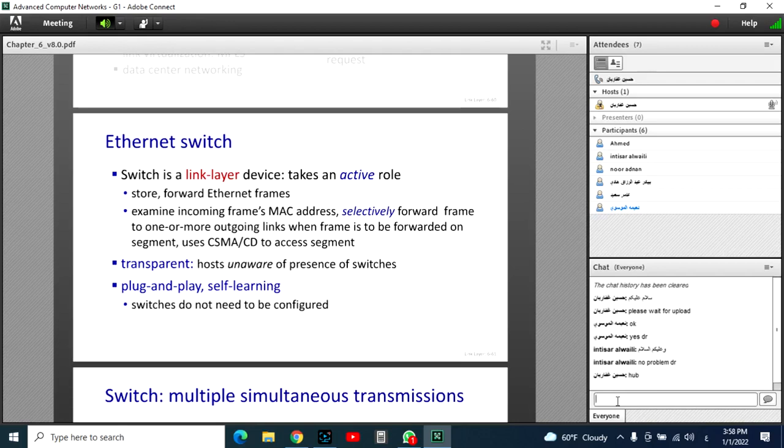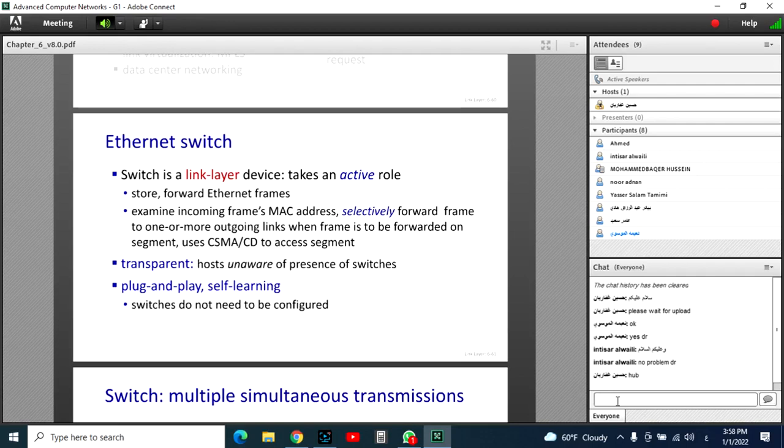It works on layer 1, just the physical layer. If a hub receives some data from one port, it will resend that data into the rest of the ports.